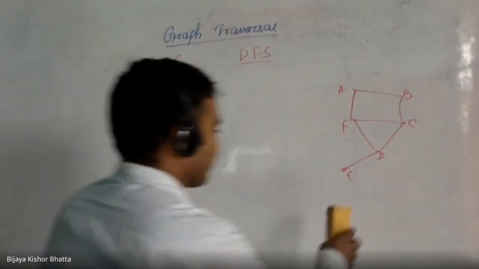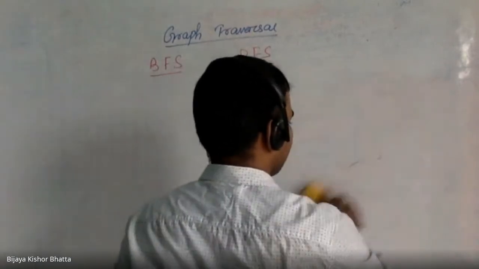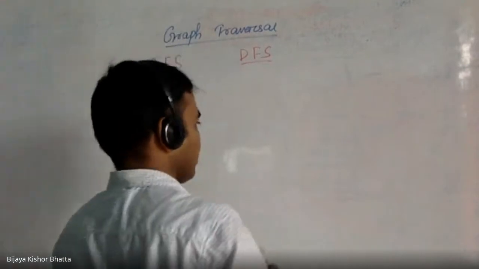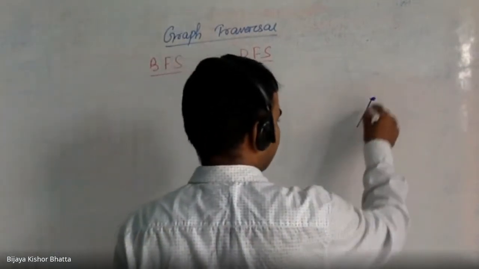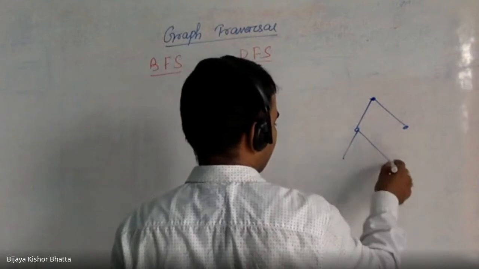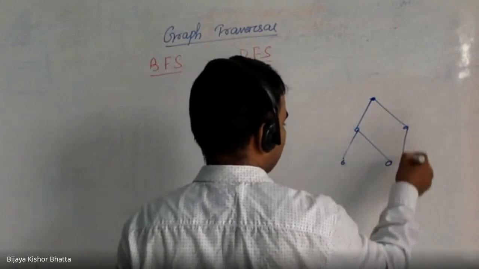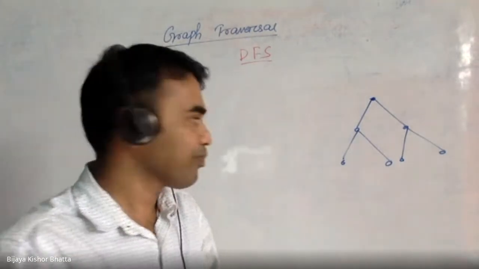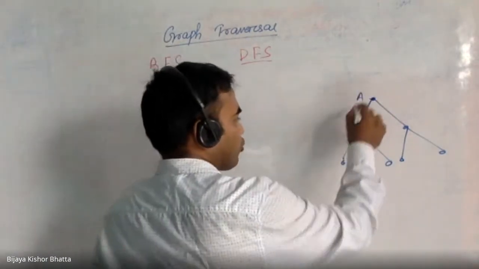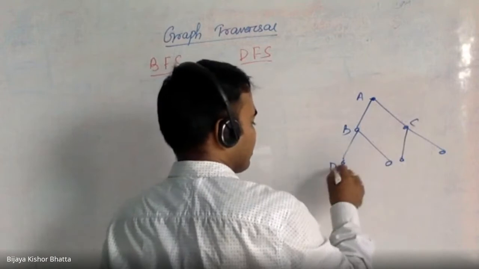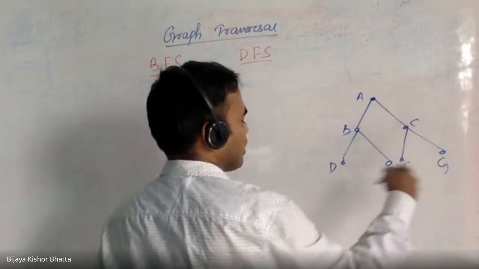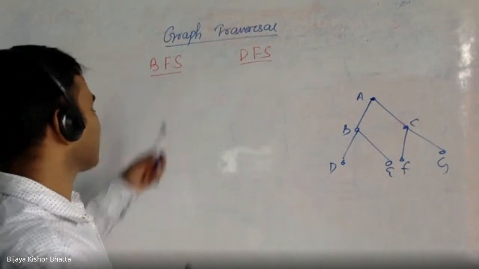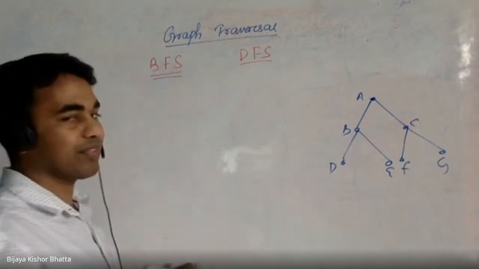Given any graph, I will erase this graph for now to make a simpler graph to understand. If this is my graph, a tree could be a graph also, so that is why I'm taking a graph like this, because it will be easier for you to understand. We'll take a graph with a cycle later. What does BFS say? Make a heading: breadth first search.